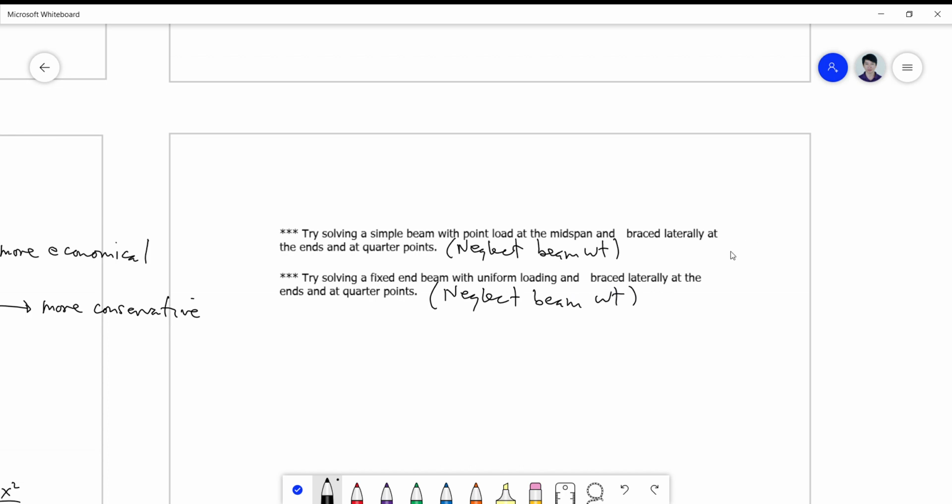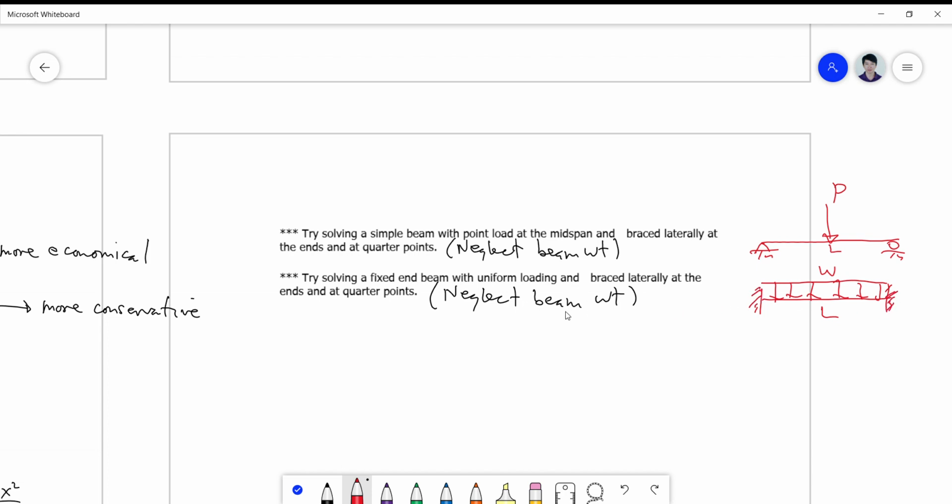Okay, so this is now referring to a beam like this with a concentrated load P, and also a fixed end beam with a uniform load W. Okay, so this is your L, this is your L. It's fixed.